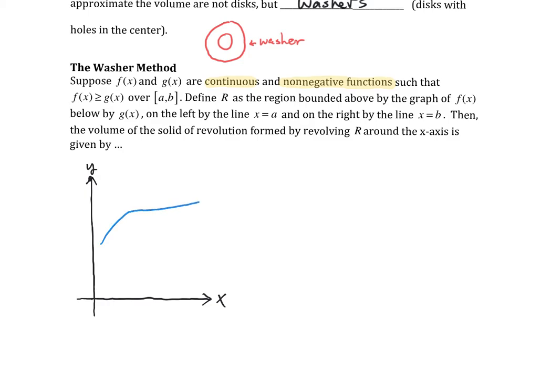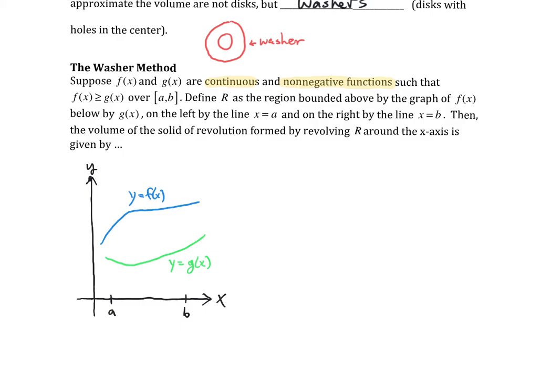This is our f of x in blue. And let's have our g of x be some function like this in green, y equals g of x. And then we need an x value of a and an x value of b like this.